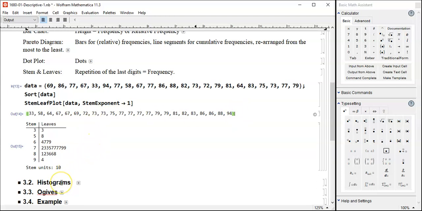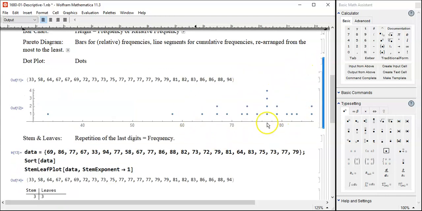Also, I can see the concentration. You see, you have this big hump at 70 and coming down. So we can see the distribution of scores as well. You could see the distribution of scores from this dot plot.